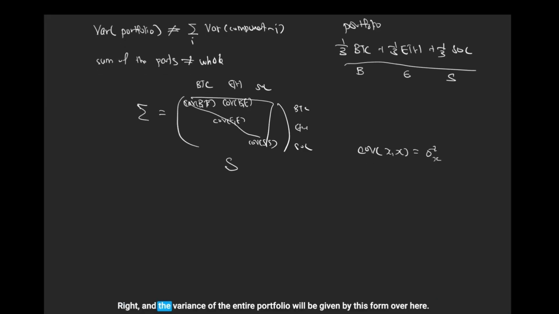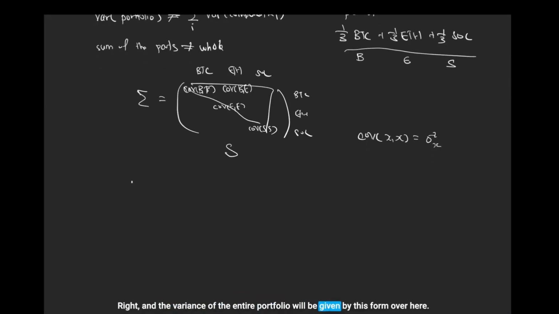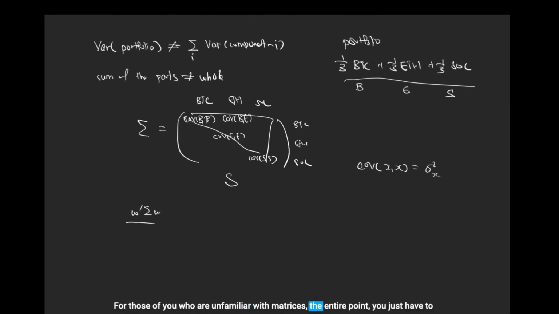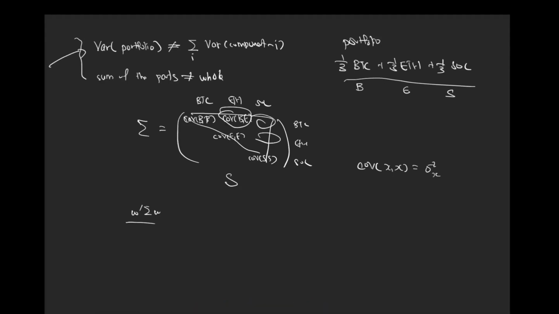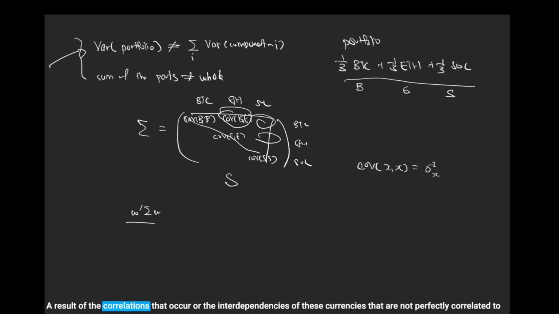right? And the variance of the entire portfolio will be given by this form over here. This is a matrix equation. For those of you who are unfamiliar with matrices, the entire point, you just have to understand that the variance of the portfolio has to account for these off diagonals, which are a result of the correlations that occur, or the interdependencies of these currencies that are not perfectly correlated to one another.